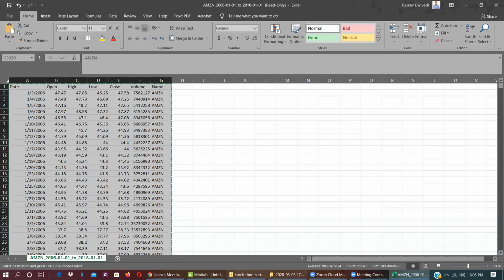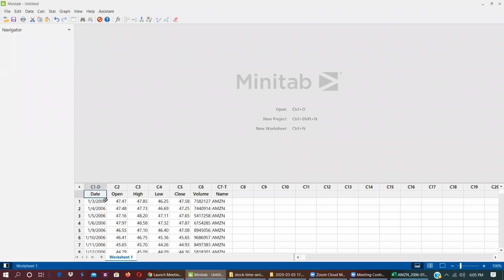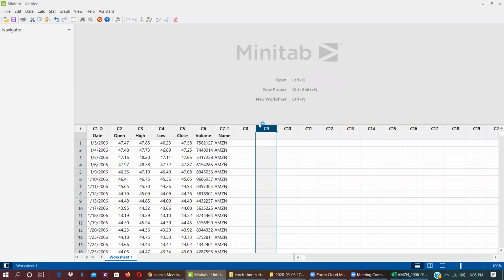Now let me go on my Minitab. So this is my data right here. I hope you can see. Now I pick up only one thing, which is high.